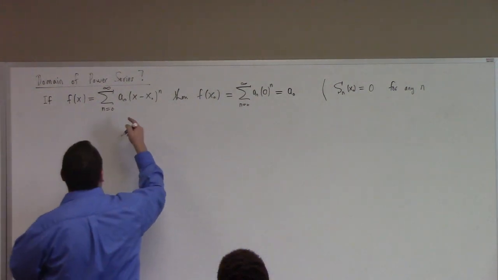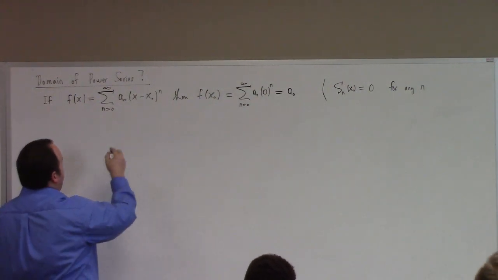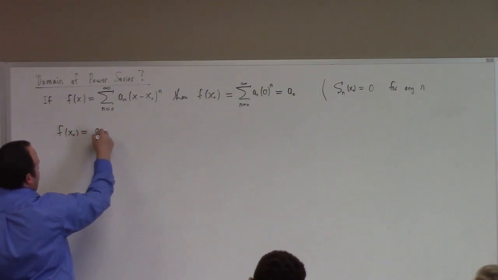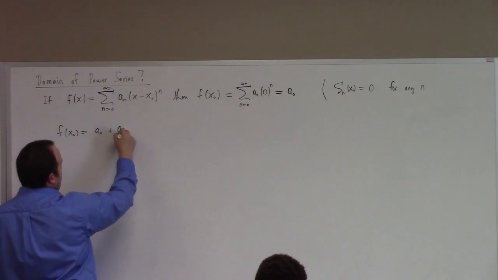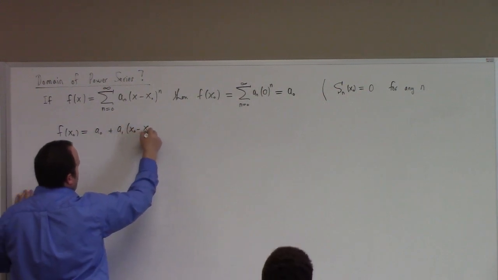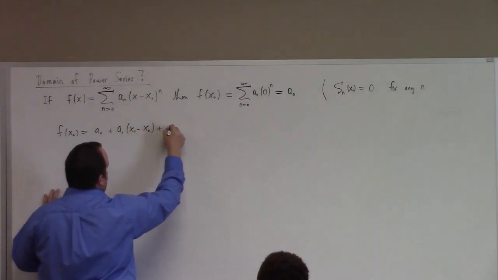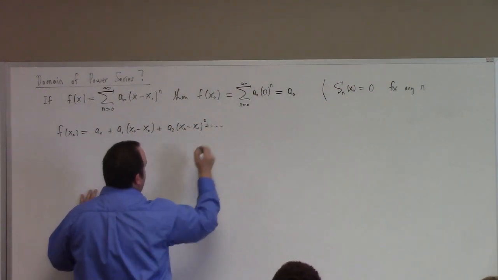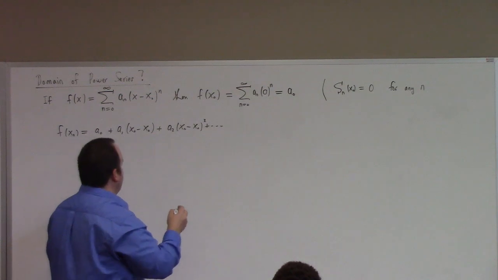To be more explicit, f of x naught is a naught plus a1 times (x naught minus x naught) plus a2 times (x naught minus x naught) squared plus and so on. Yeah, so I should be careful. My notation almost trapped me.